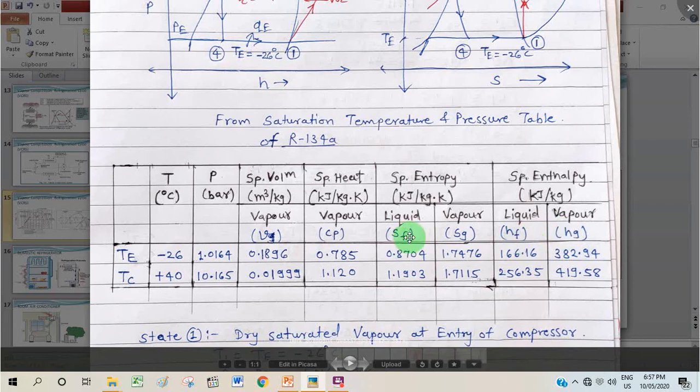Here, F is for the saturated liquid condition, and the G suffix is for saturated vapor condition. Likewise Sf, Sg, Hf, Hg. So these many values I have taken from this table.